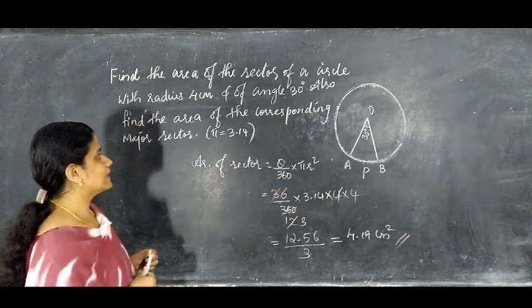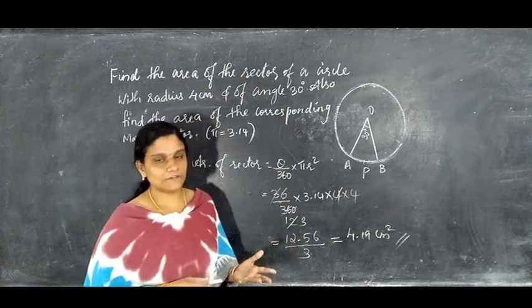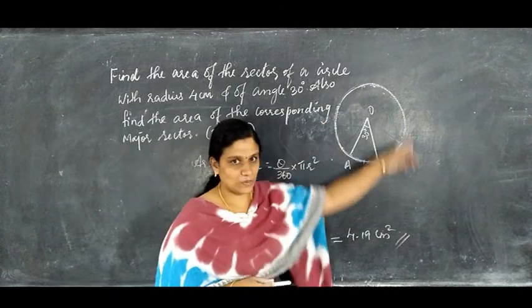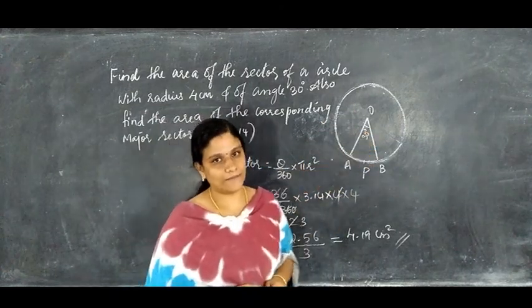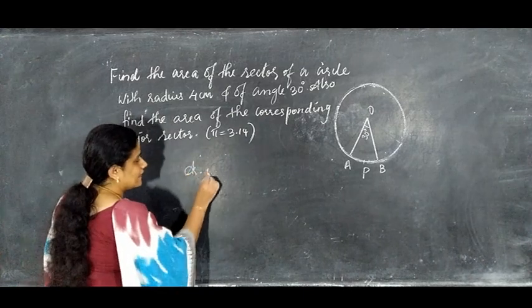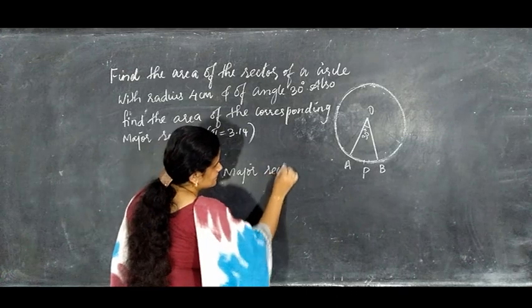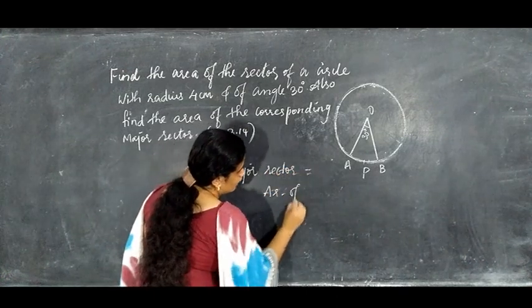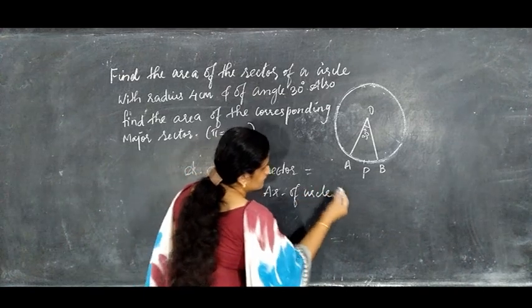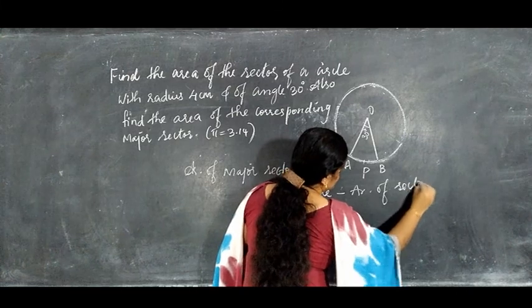Also find the area of the corresponding major sector. As I told you, two ways are there. The first way is pi r square minus area of minor sector, or using the formula. Here, area of major sector is equal to area of circle minus area of sector.